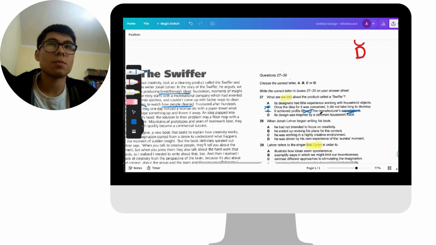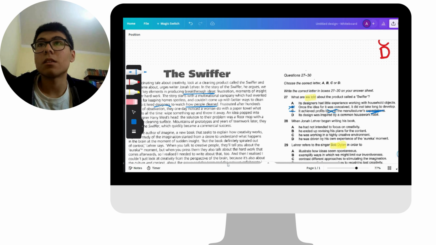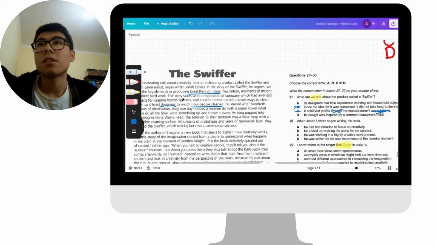D: Its design was inspired by common housework habit. Yes. Why? Because they came up with this great idea after noticing women doing that housework habit, which was wiping something up and throwing it away.